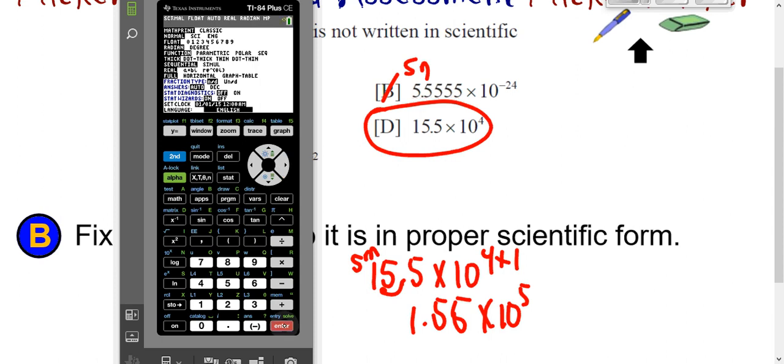You press enter, that's scientific notation mode, and then you press clear again and you put in 15.5 times 10 to the fourth. And then you press enter and it'll give you something like that. Don't freak out. It's 1.55 times 10 to the fifth. That's what we have down on the bottom, and that is going to be your answer.